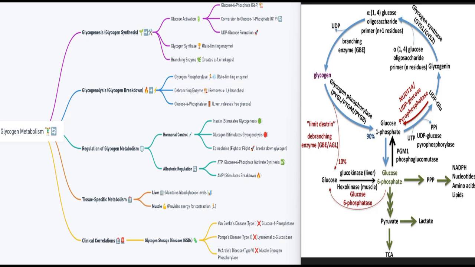It's a dimeric protein having 2 identical monomers. An oligosaccharide chain of 7 glucose units is added to each monomer. So the side chain hydroxyl group of tyrosine 194 in the protein is the site at which the initial glucosyl unit is attached.